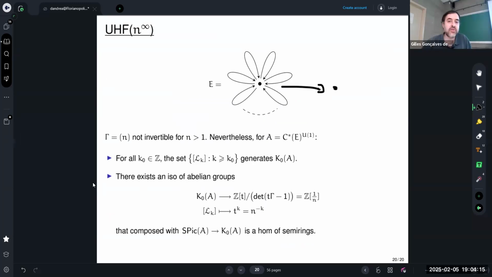Well, if there is only one loop, this is the Toeplitz algebra. But already this, I'm not sure. I don't know what it is. Is it something known? No, we don't know what it is. It should be interesting, but we don't know.